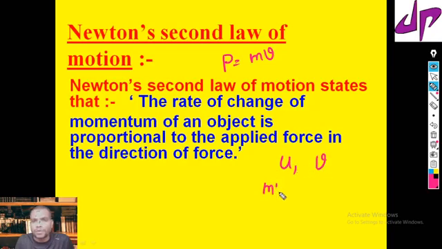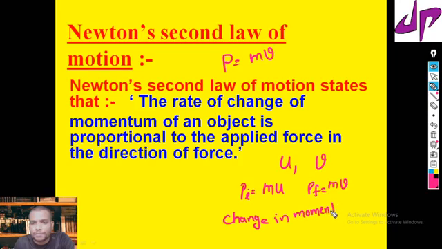So mu is the initial momentum, p suffix i, and mv is the final momentum, p suffix f. Now we write the change in momentum: mv minus mu is known as the change in momentum.